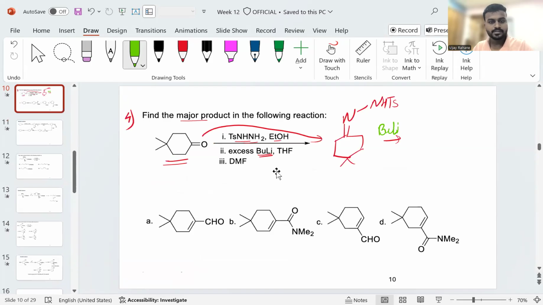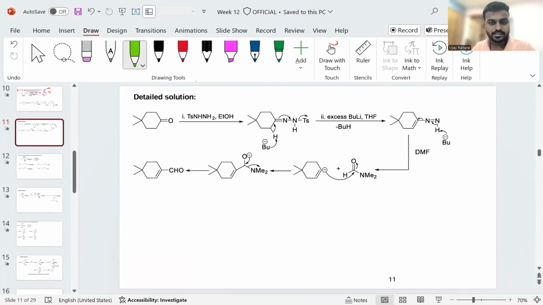Right. So the first step, the imine formation with the tosyl group attached on the nitrogen, which comes from our reagent. Then butyl lithium abstracts the alpha proton, so it leads to the formation of the double bond.